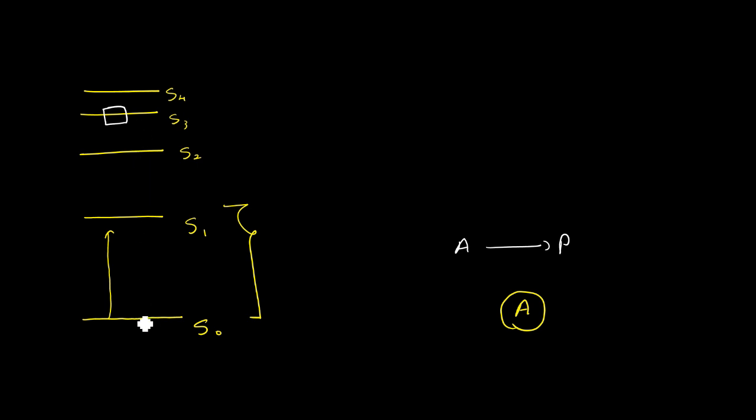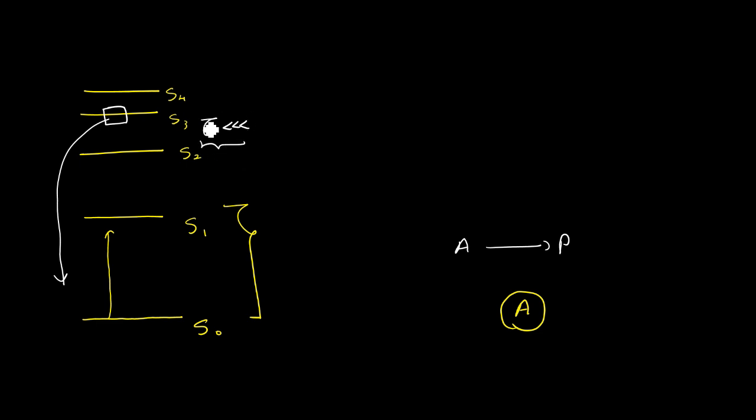As soon as it gets excited, it will come back to its ground state by releasing the energy. The lifetime of these higher energy states, let's denote it as tau, is much lower because they are much more unstable.